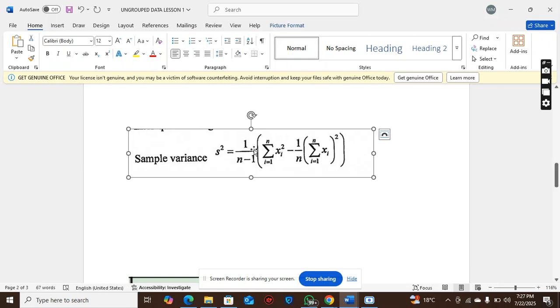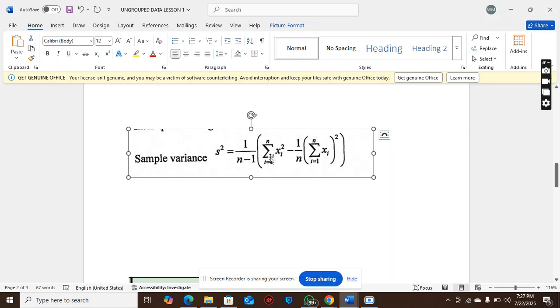So we can start with this formula here. Here, n represents the number of data values that we have. Here, we're going to square each of the sales and add them up.